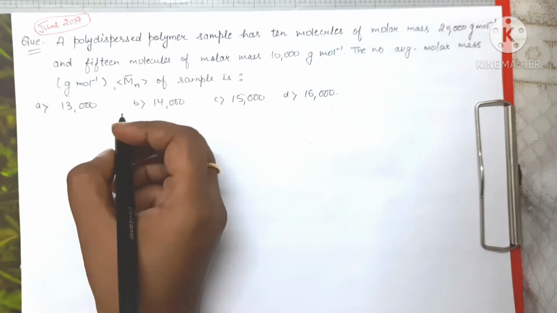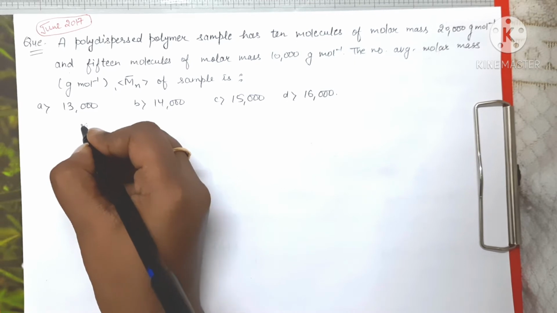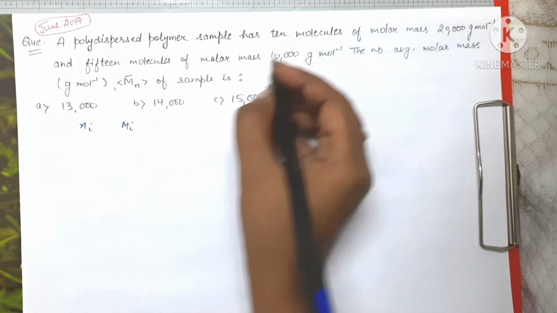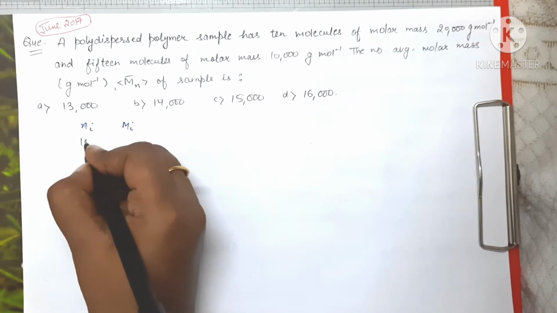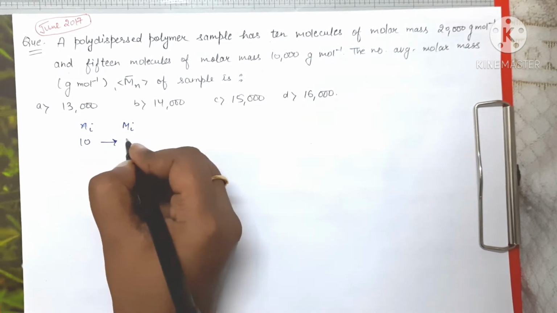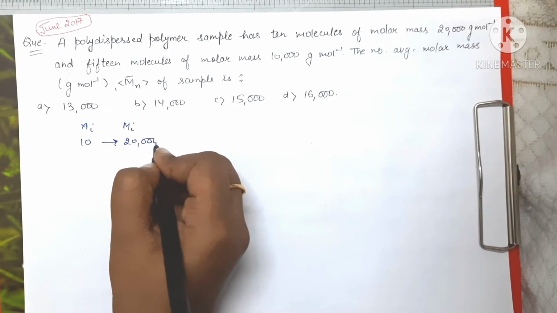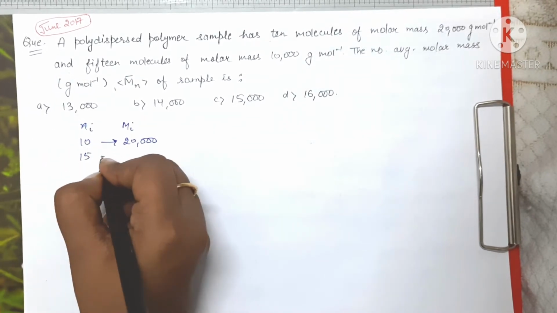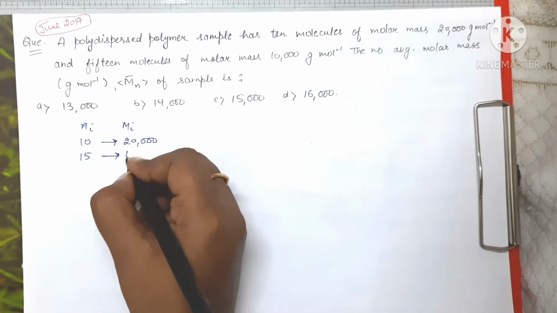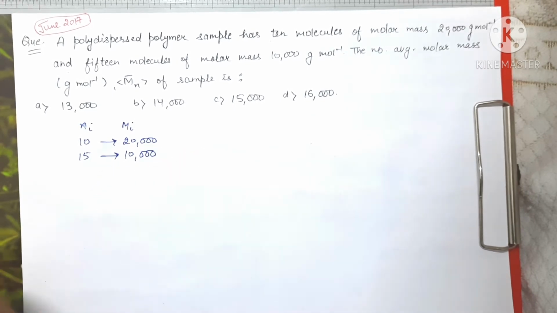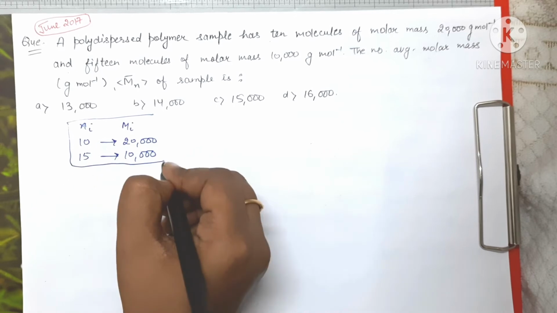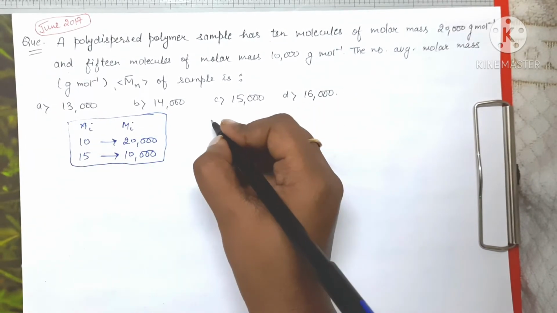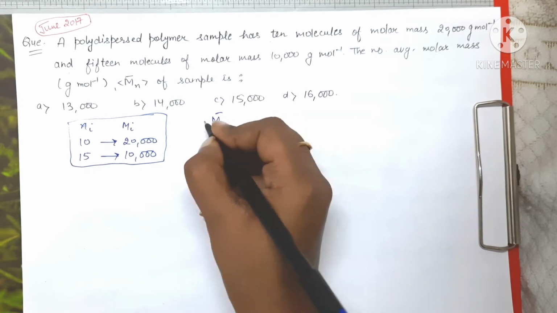So what we have been given is the values of Ni and Mi. For 10 molecules the molar mass is 20,000 grams per mole, and for 15 molecules the molar mass is 10,000 grams per mole. This is the basic information given to us. Now we have to find out the value of Mn.